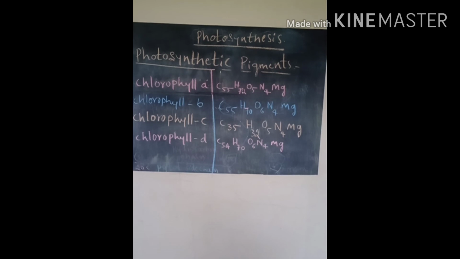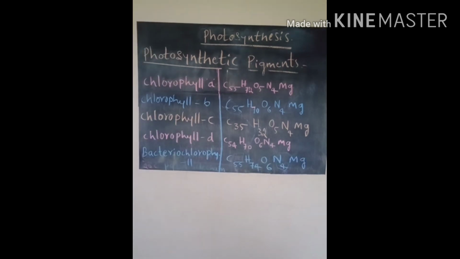Next, the bacteriochlorophyll molecule includes the molecular formula C55H74O6N4Mg. So this is the molecular formula of the chlorophyll present in bacteria cells, that is bacteriochlorophyll. So this is about the molecular formula of different types of chlorophyll molecules.